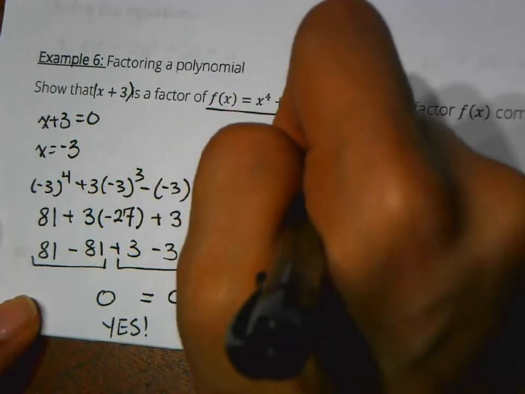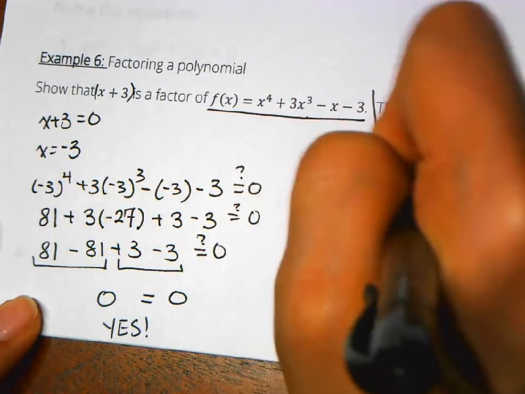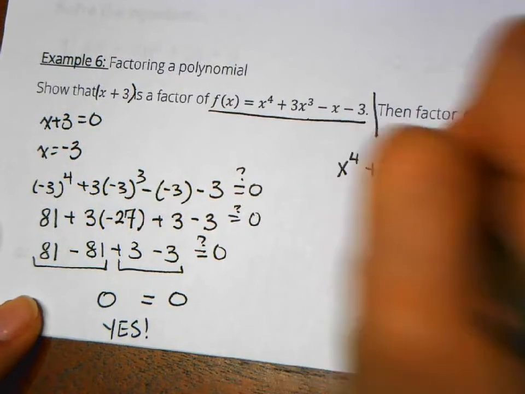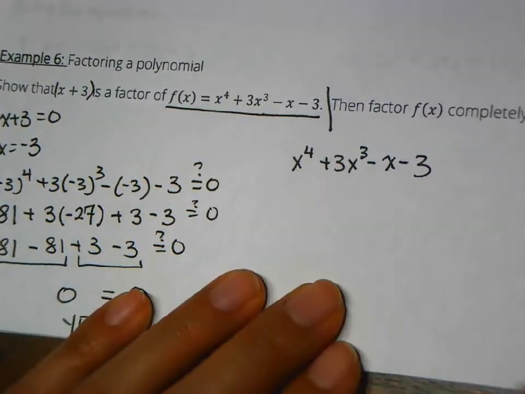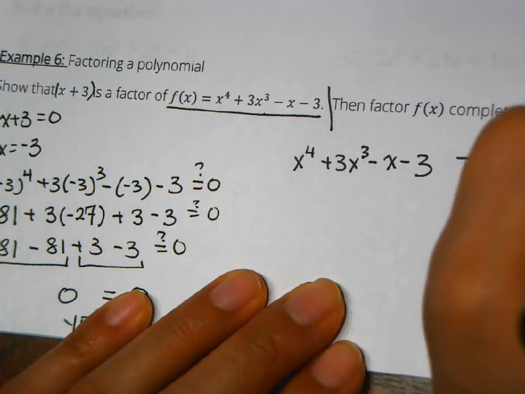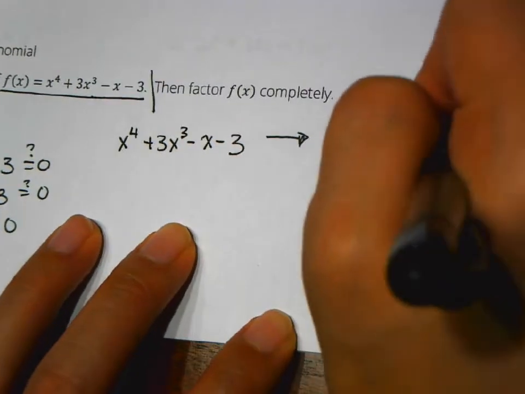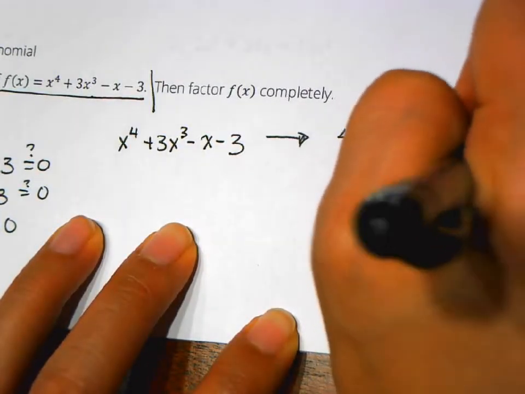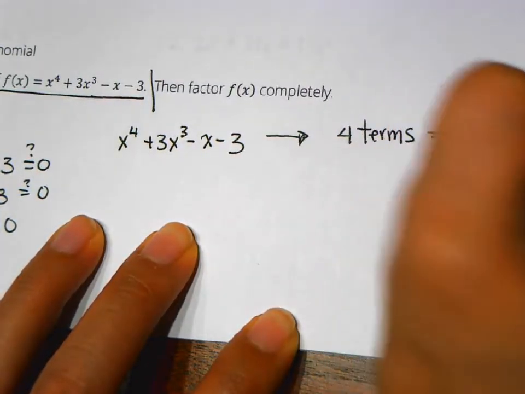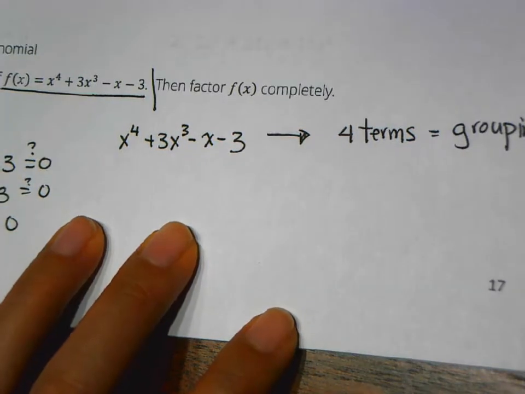This is the polynomial I'm trying to factor: x to the 4th plus 3x cubed minus x minus 3. Because there are 4 terms, I'm going to try factor by grouping, just like what we did earlier last week.